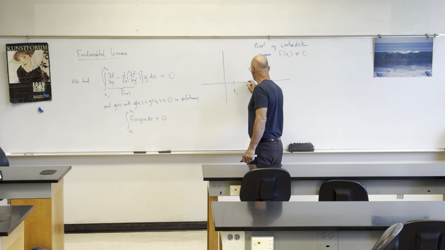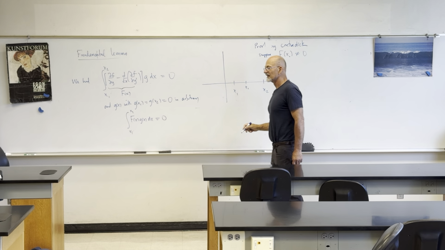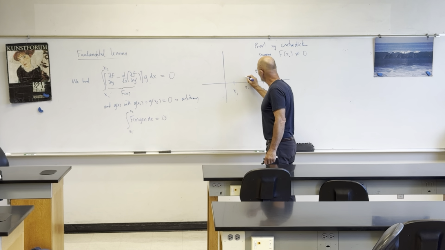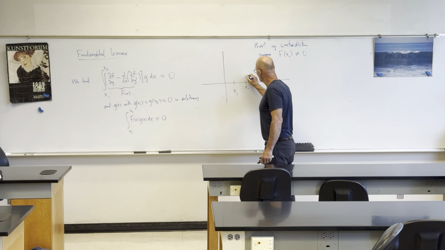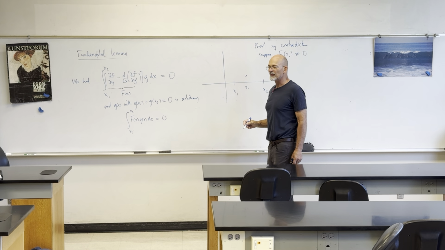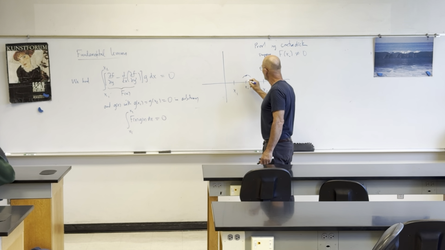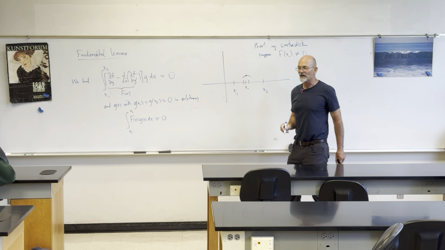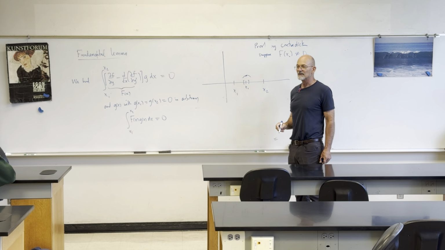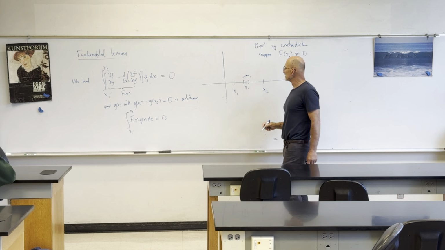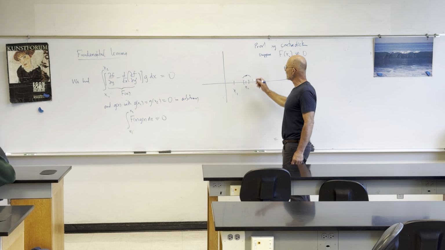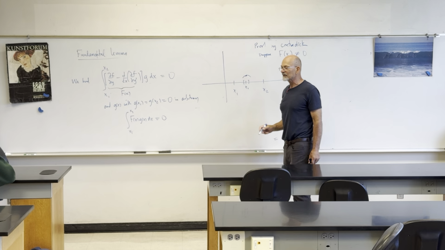I'll put it right here in the middle, x0. And without loss of generality, it's positive there. Okay. Then by continuity there's a whole little interval around x0 where it's not equal to 0. Right? No matter how small it is, a little interval around x0 where it's not equal to 0.